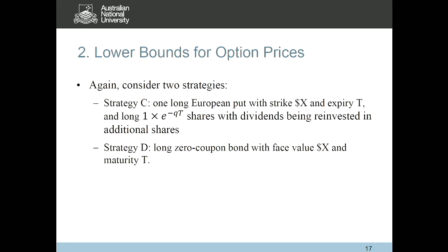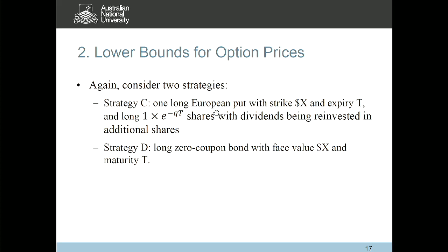Again, we're going to use the same strategy we established in week 4 to derive the lower bounds for the put option. So basically, in the first portfolio C, we're going to long 1 unit of European put with strike price of X and expiry at time T. And because the underlying share pays a dividend yield, we don't need to invest in 1 unit of stock.